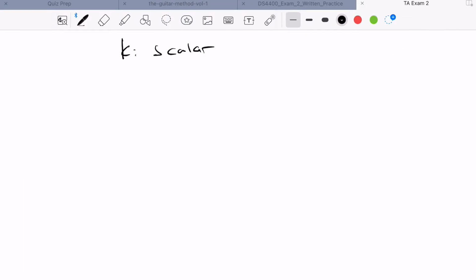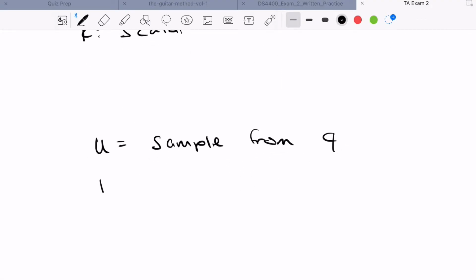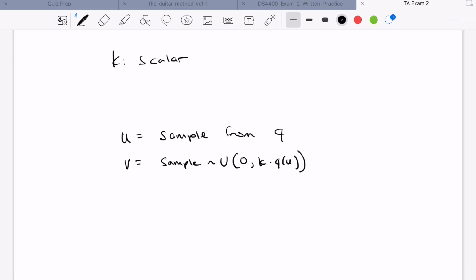We sample from Q, so U is equal to a sample from Q. And then V is a sample from a uniform distribution that goes from 0 to K times Q of U. Using this V value, remember P is the PDF of the distribution we want to sample from.